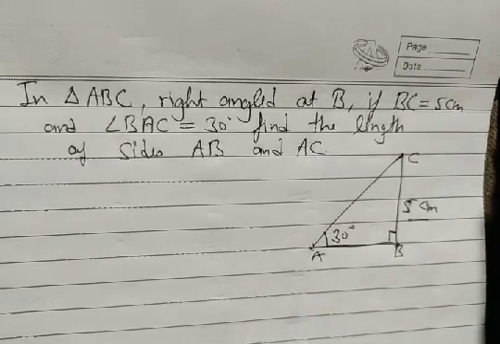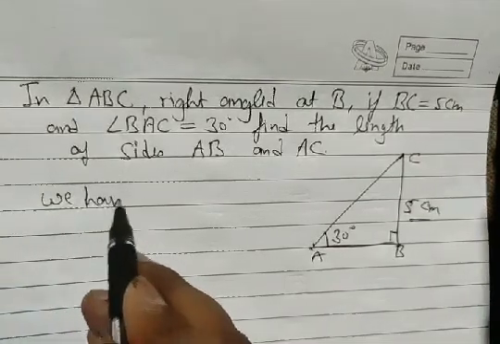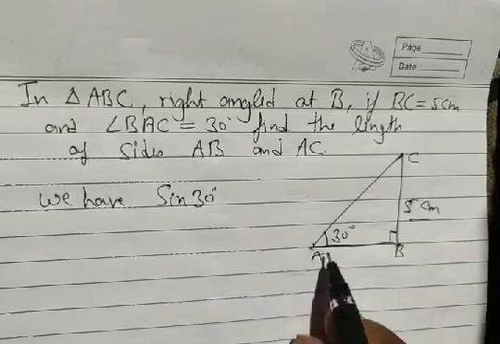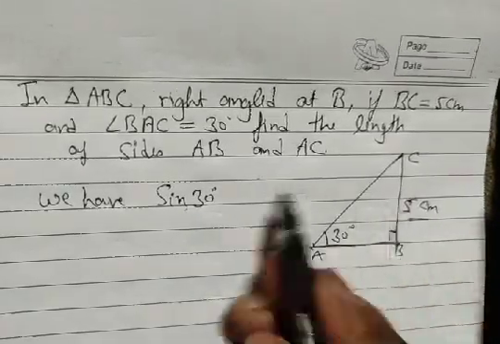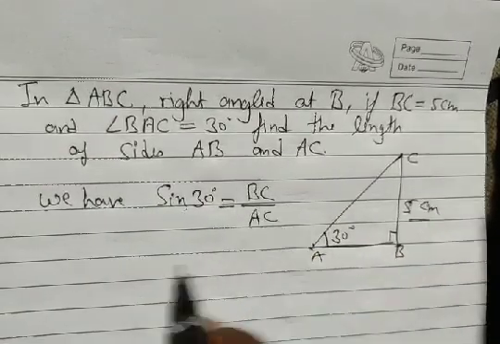Then by the definition of trigonometry, we have sine A, with respect to 30 degree. Sine 30 is BC upon AC.